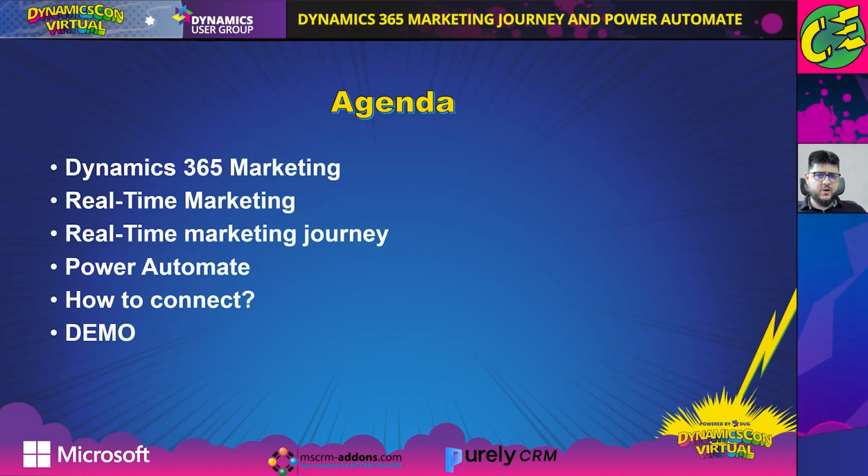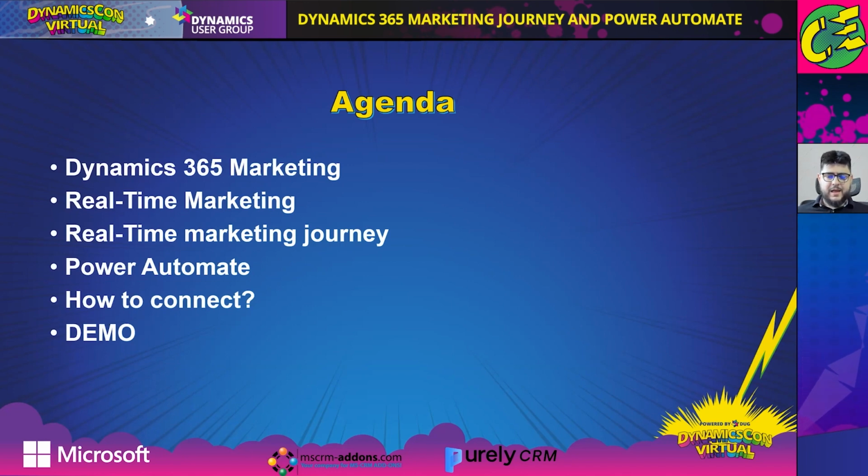Next, we are going to talk about real-time marketing, which is going to be our main focus for today's presentation, and generally for using Power Automate with marketing. Next is the real-time marketing journey, which is the place where you will be triggering your Power Automate.